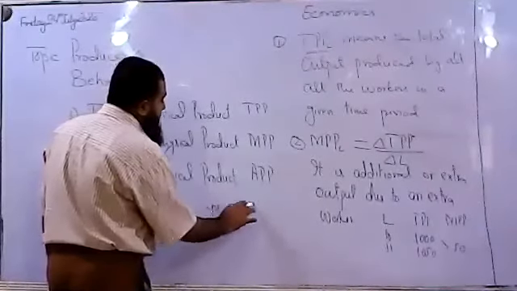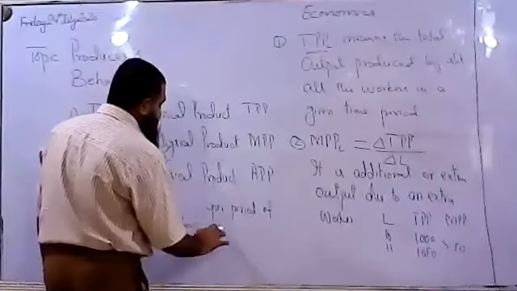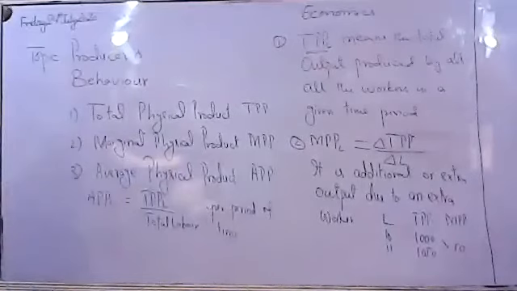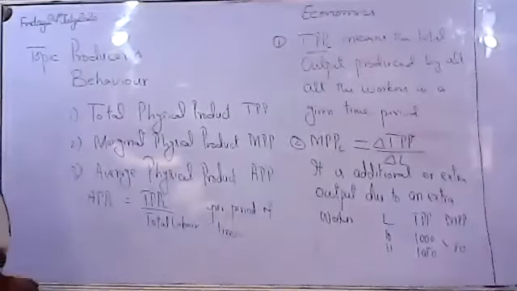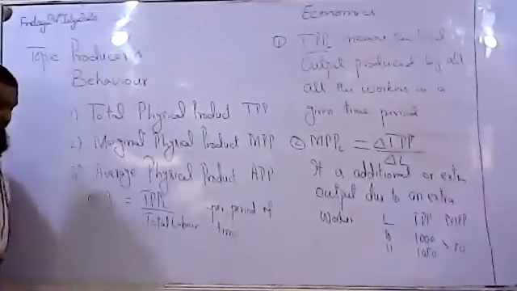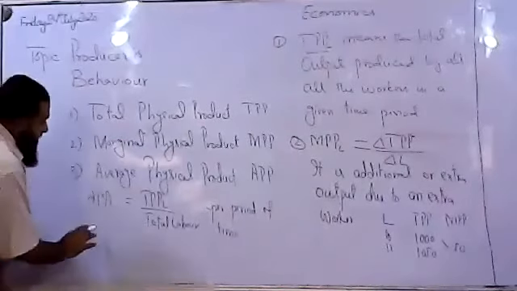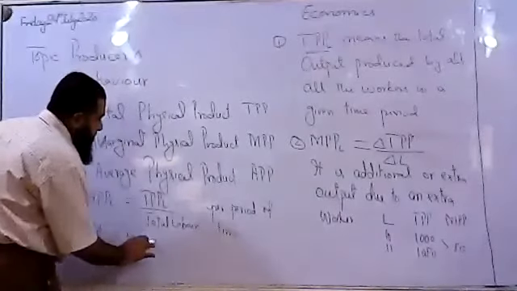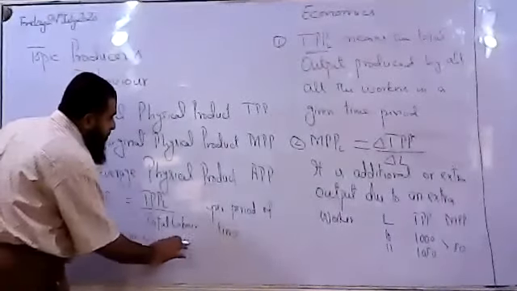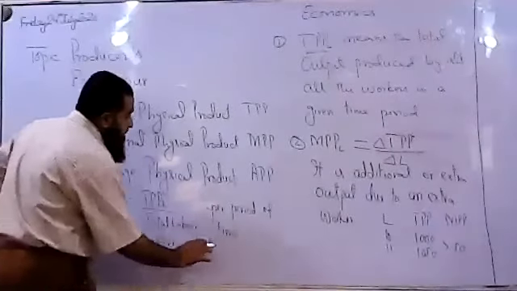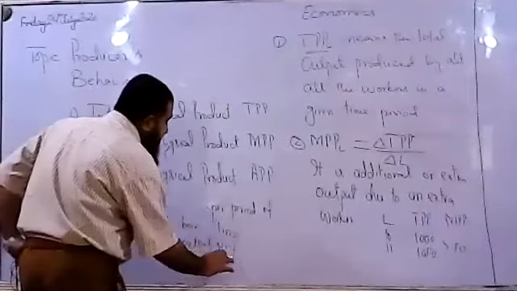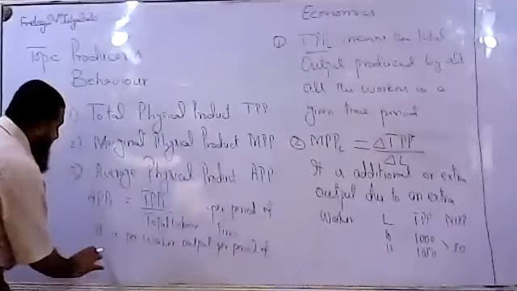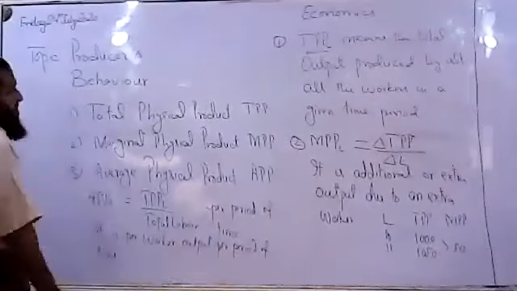This is also very important, the period of time, because it is also called per worker output or productivity of labor. So it is total output produced by total number of workers. It is per worker output per period of time. It shows the productivity of labor.